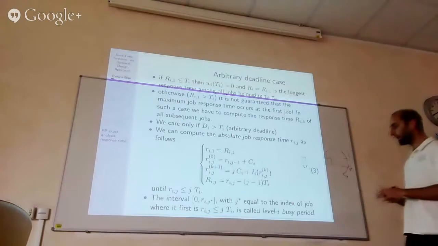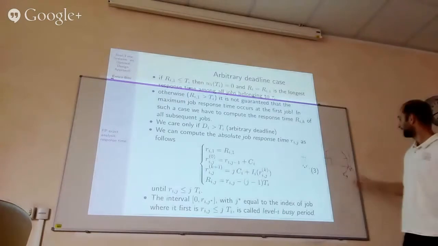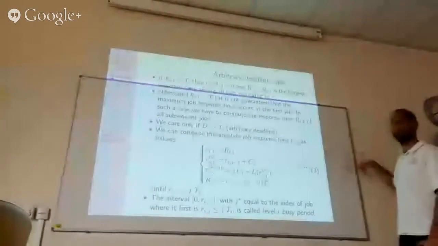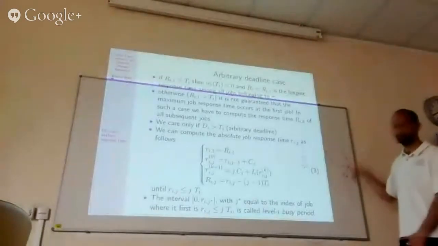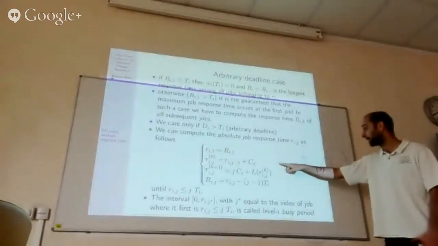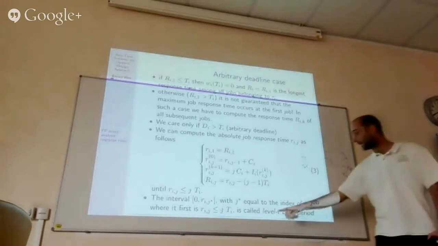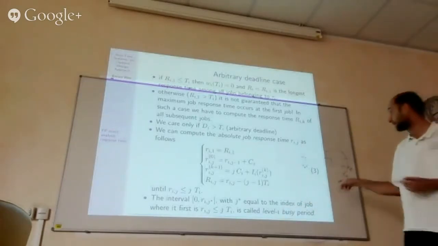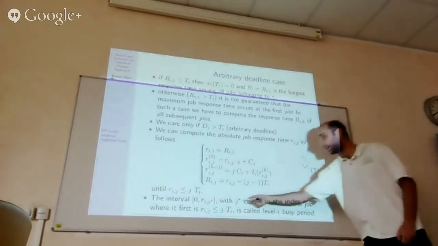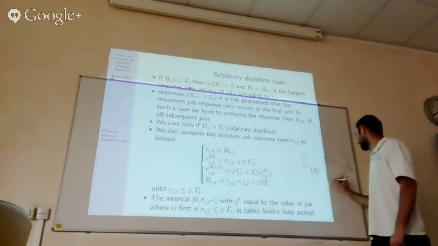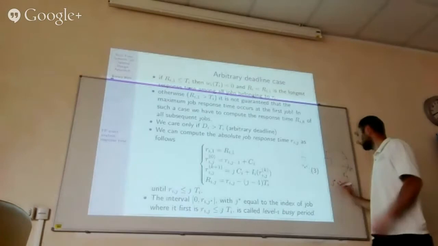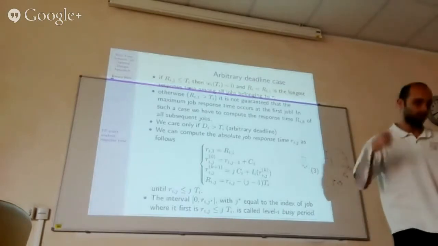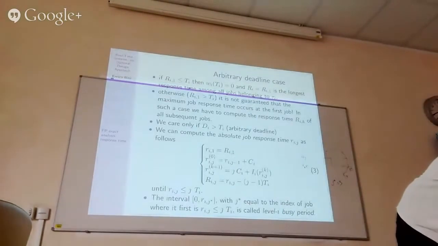I stop when the absolute response time is less or equal than the activation of the next job, because I have an idle. And the time from here to here is called level-i busy period. This is just a term. And J star in this case is 3, because I have to complete up to 3 jobs.